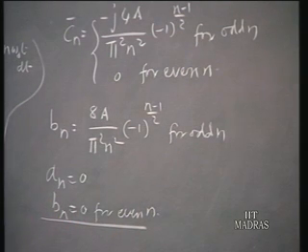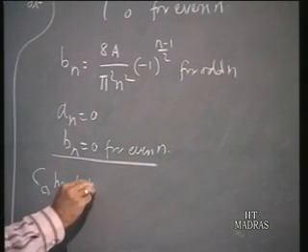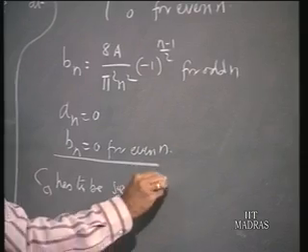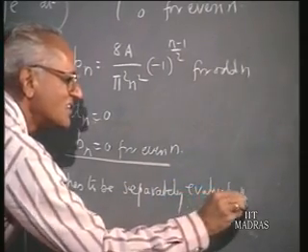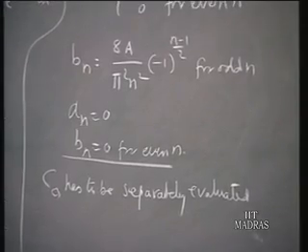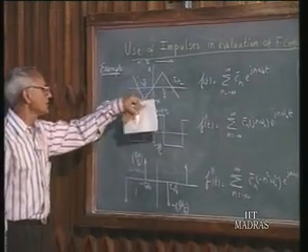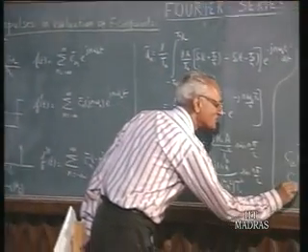and what about C naught? C naught has to be separately evaluated. I will explain in a moment. C naught for this waveform, because it has a 0 average for the original waveform, C naught is 0.